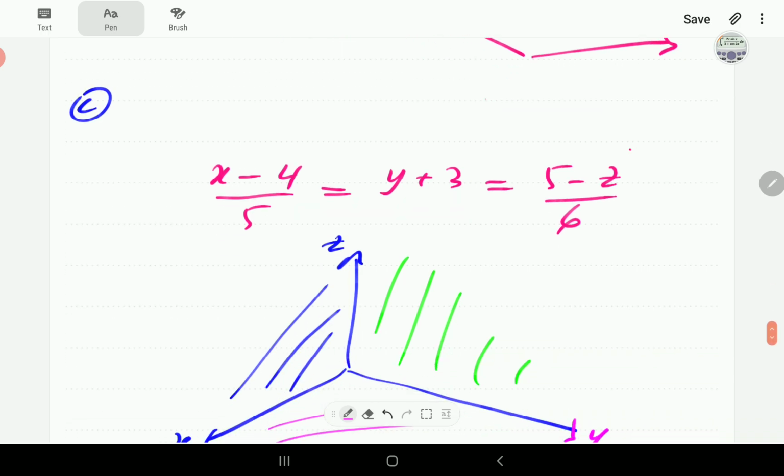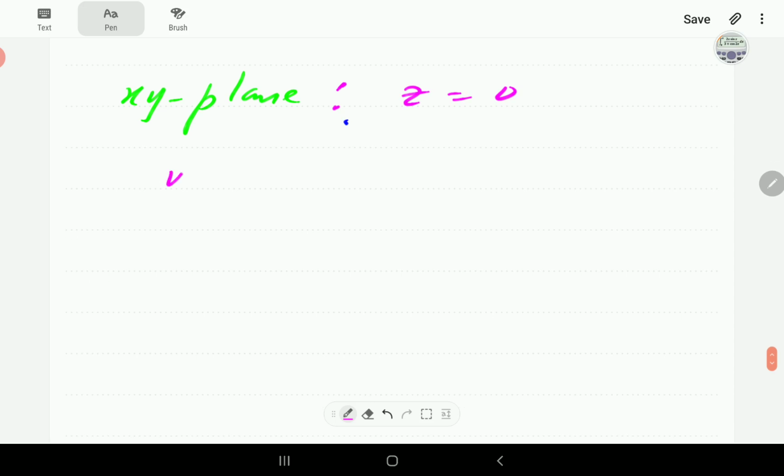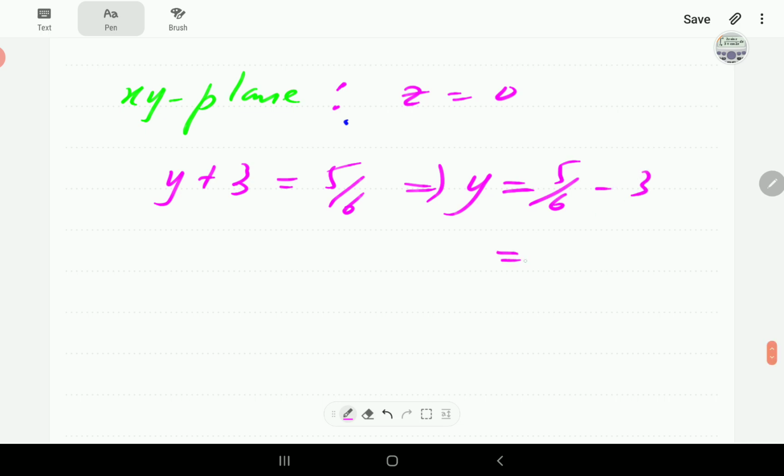If we plug in z equals to 0, here there's going to be 5/6. So for y, it's going to be y plus 3 is 5/6. So y is going to be 5/6 minus 3. So that's going to be 5 minus 18, so it's going to be minus 13/6.